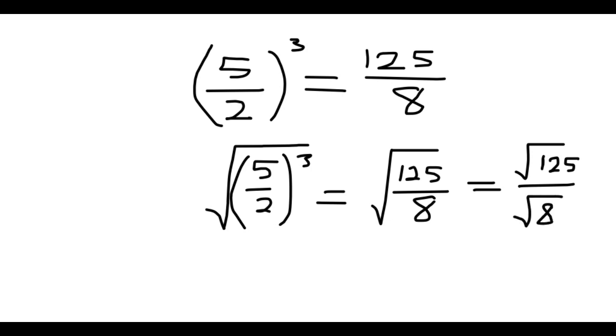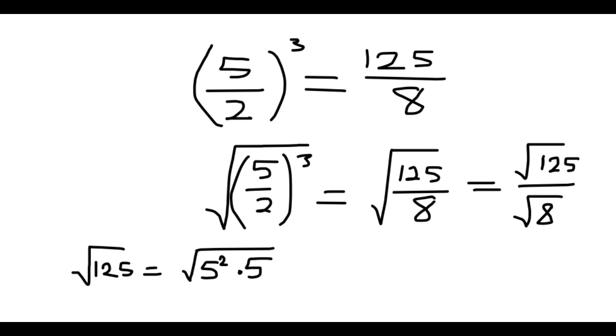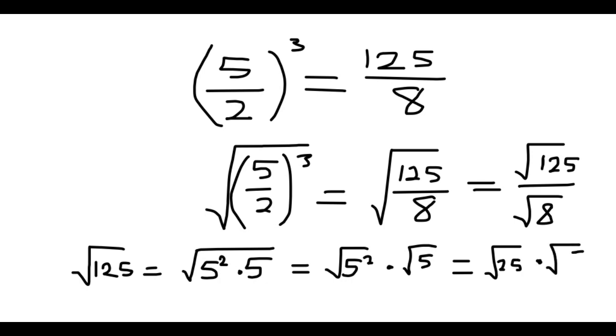Simplifying this, the square root of 125 will be equal to the square root of 5 power 2 multiplied by 5, and that will be expressed as the square root of 5 power 2 multiplied by the square root of 5, which can be written as the square root of 25 multiplied by the square root of 5.